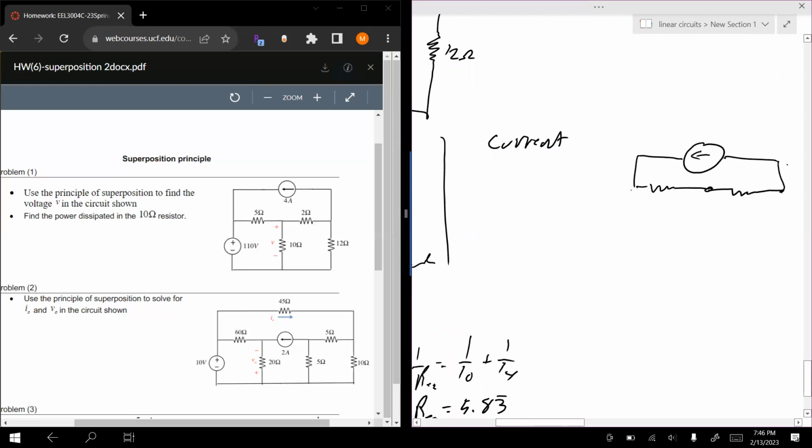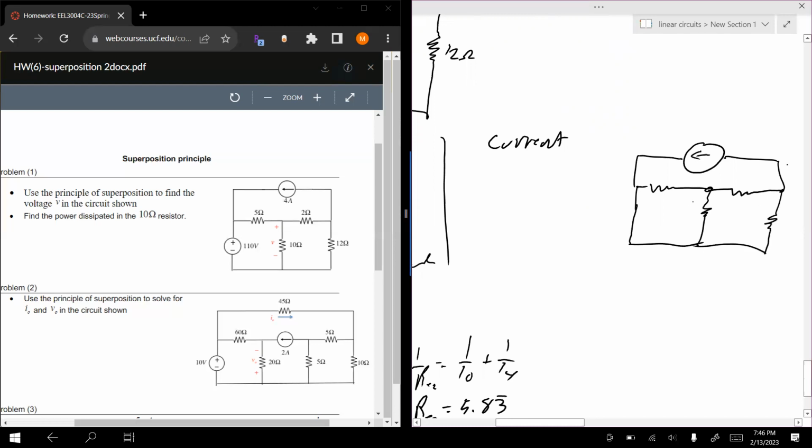Now let me ask you this. What happens if the voltage across something is 0? Well, in this case, if I tell you the voltage across this wire is 0, if there's no voltage, that really just sounds like it's a wire. So we're going to make that a wire.